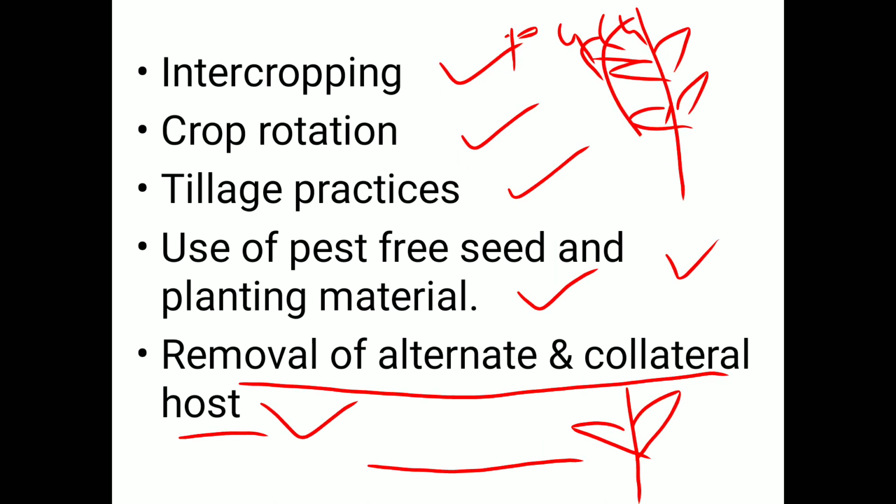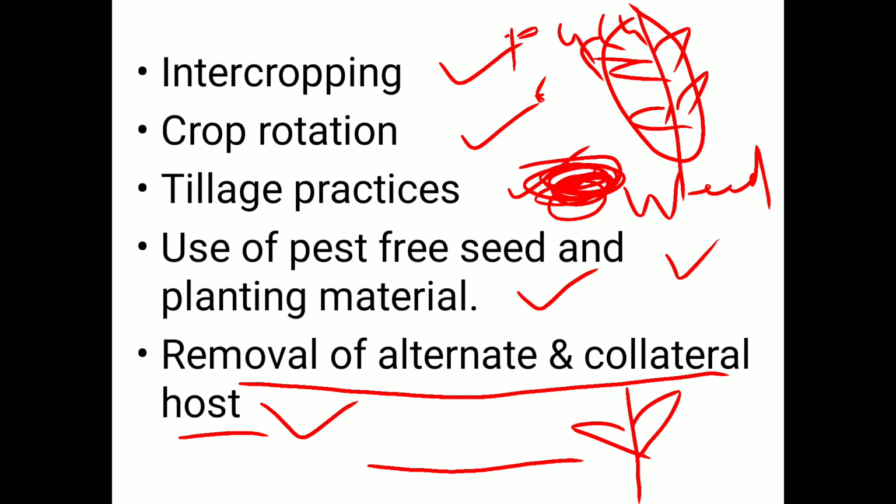But in absence of wheat, or after the harvesting of the wheat, that pathogen, Puccinia fungus, completes its life cycle on another host, that is a weed. For example, barberry weed. On that weed, Puccinia graminis, the fungal pathogen of wheat rust, completes its life cycle in absence of wheat, the main host.